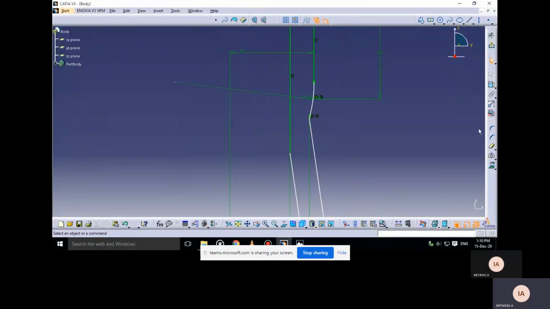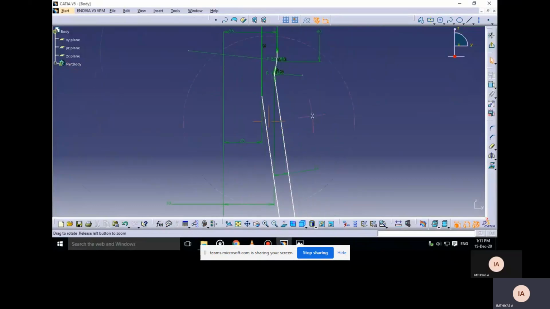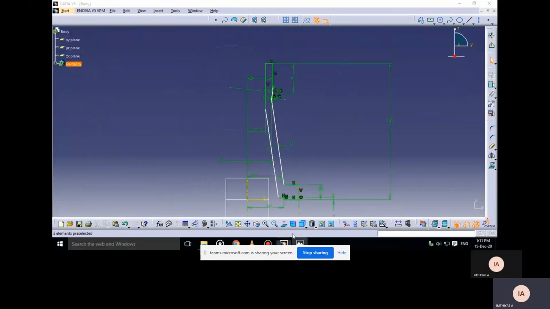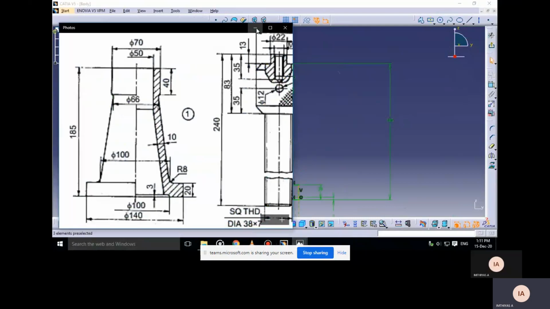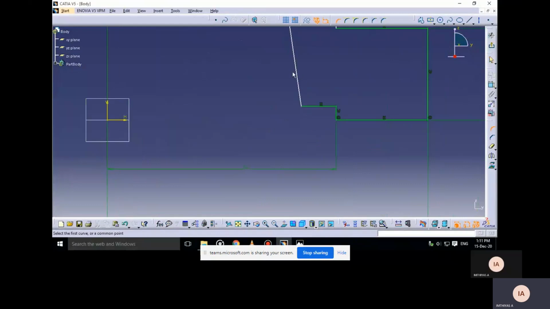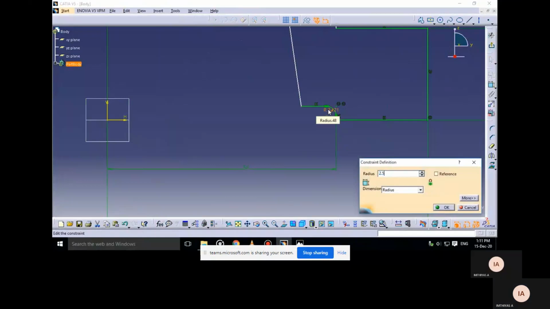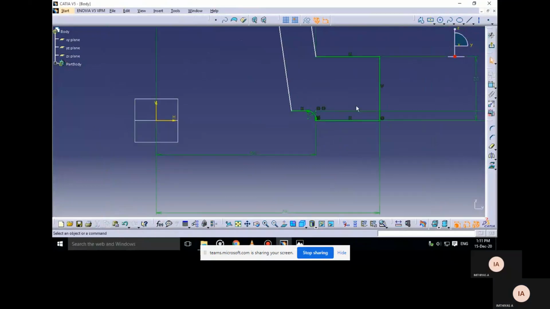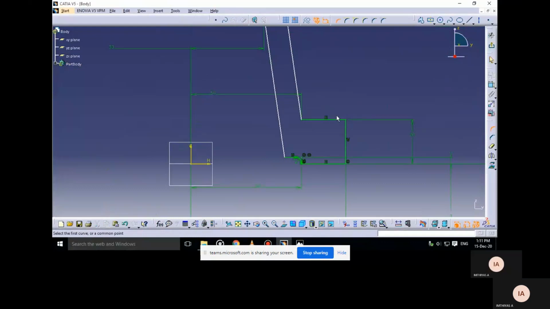The groove has to be fitted correctly. So using the chamfer symbol, we make that groove-like structure. And again for the inner side, it is 3 mm. Over here it is 8 mm radius.